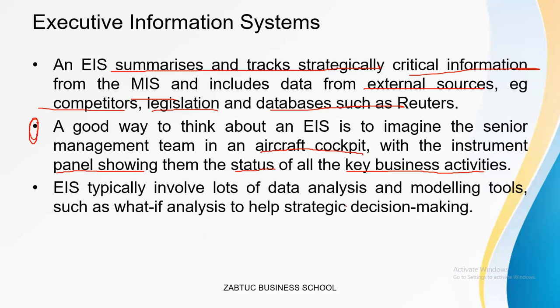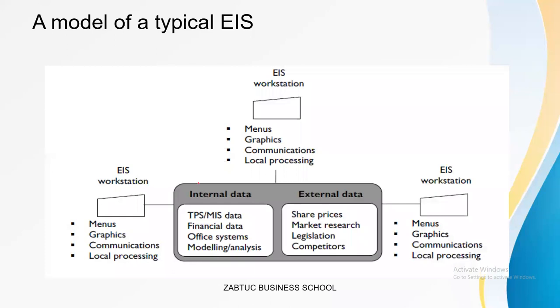EIS typically involve lots of data analysis and modeling tools such as what-if analysis to help people at the top make correct decisions. So they must be supported. An EIS, of course, is built up using information from within and also from outside.